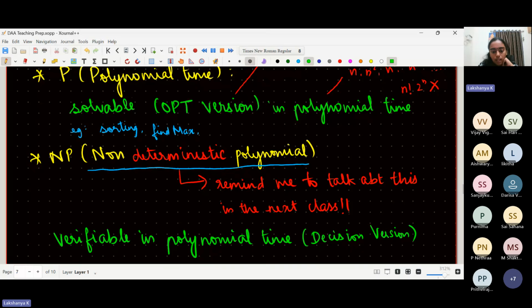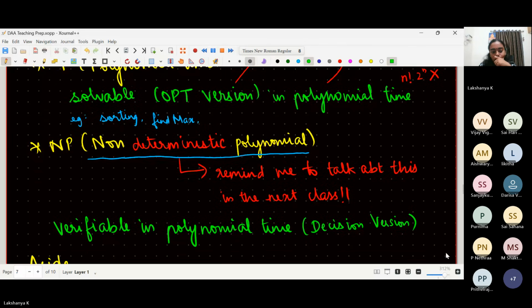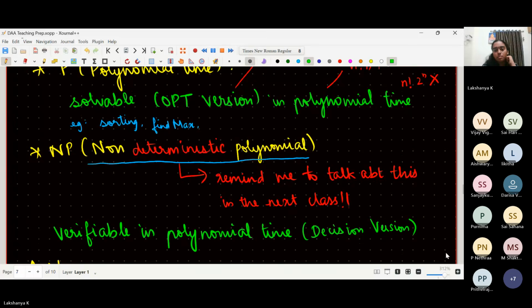Yes. Can someone give me an example? Any example, guys? The problem can be solvable in polynomial, exponential, unsolvable, anything.